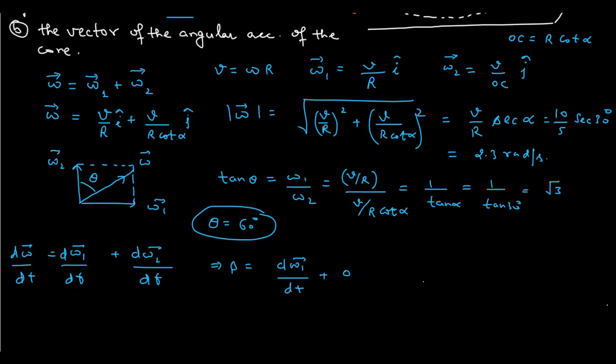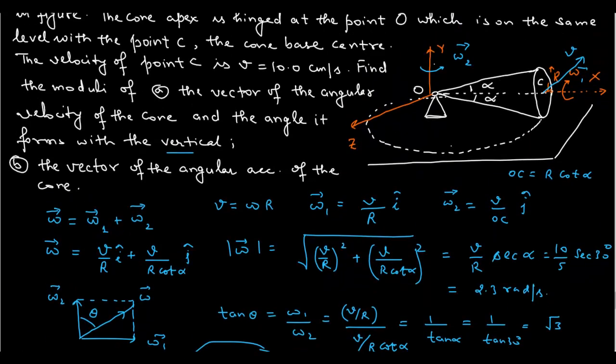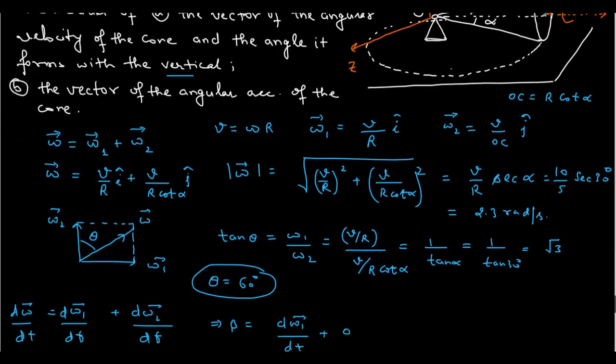Now why is this 0? Because along this y-axis the direction is not changing and neither is the magnitude, hence this omega 2 is constant as the cone is rolling about this y-axis, so its derivative is 0.